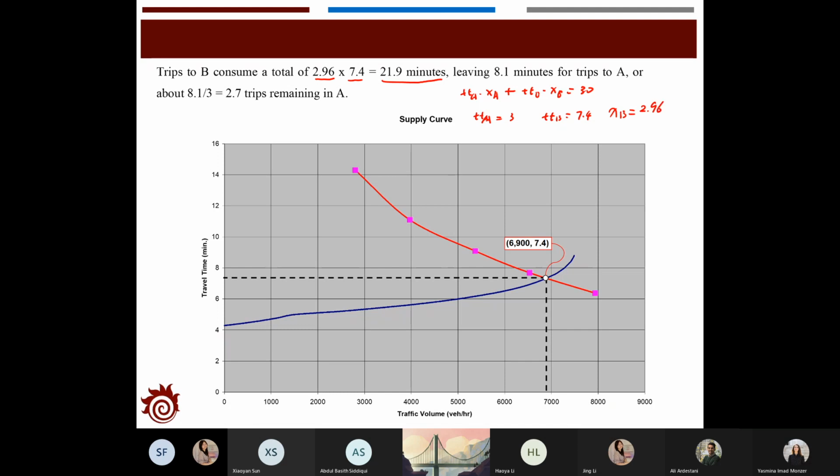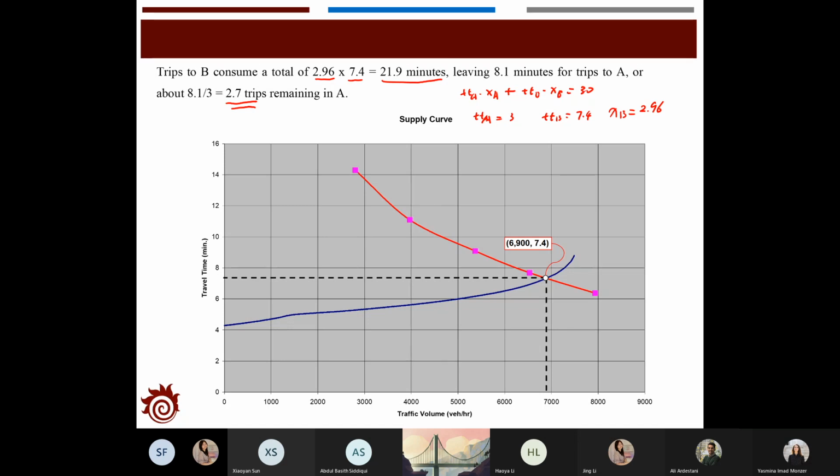So you can easily find out what's the value of the XA. In this case, you find out XA equal to 2.7 trips. So for each person, they're going to take 2.7 trips in town A and 2.96 trips in town B. So that's the equilibrium point for this problem.